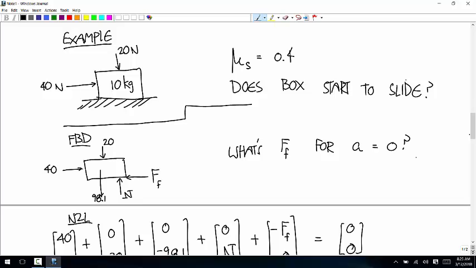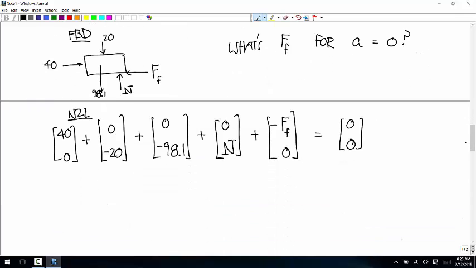So we're going to assume it stays at rest, figure out what FF would have to be for it to stay at rest, and then compare it to that maximum value. It's 10 kilograms, so the force is 98.1.